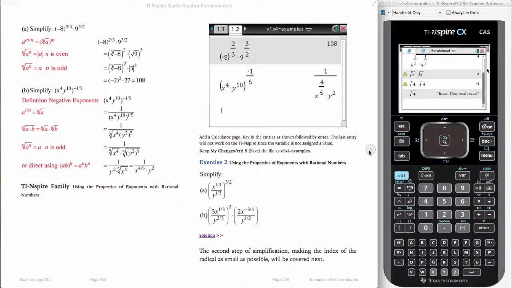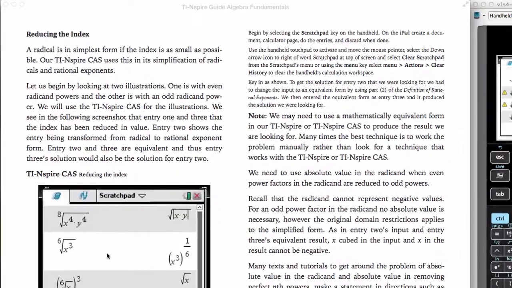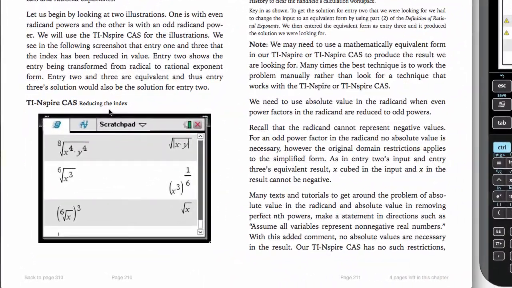Moving on, reducing the index. So if we have 8 and 4 and 4, it will show the answer with absolute value. Again, our textbooks will normally say that we're only dealing with positive, so they will not handle absolute value in their answers.